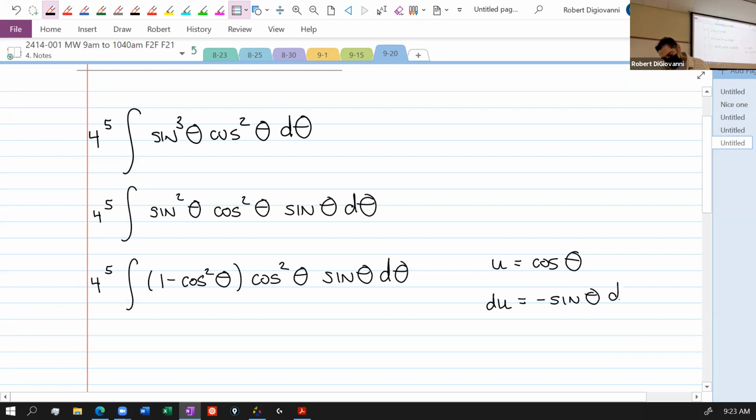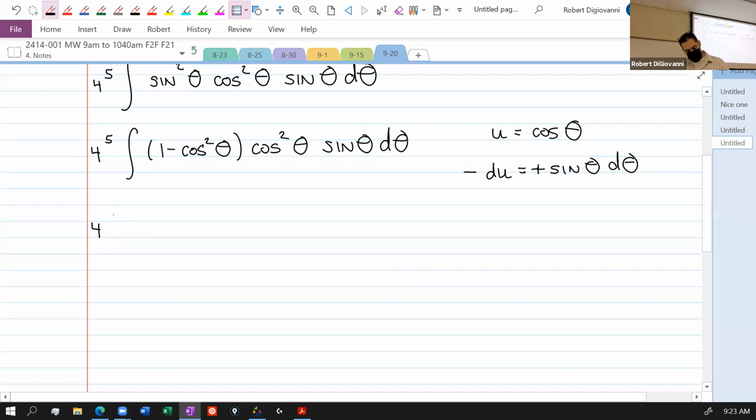Do you have negative sine theta? I'm off by a constant. I have sine theta, right? That's no big deal. I'll just make the right side plus and make the left side minus here on this little equation. So I will replace sine theta d theta with negative du. I will replace all my cosines with u's, and the remaining integral should be doable.